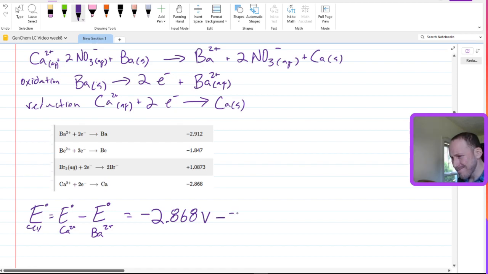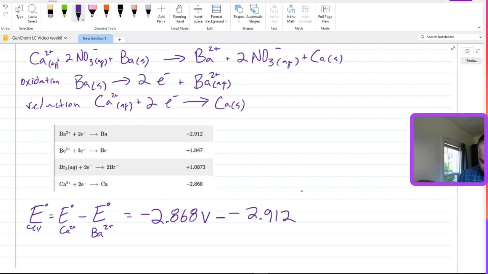It looks like it does. Not by much. But this is going to be a not very powerful cell, but slightly spontaneous. Those numbers are very close, but we're going to sneak above 0 here, it looks like.